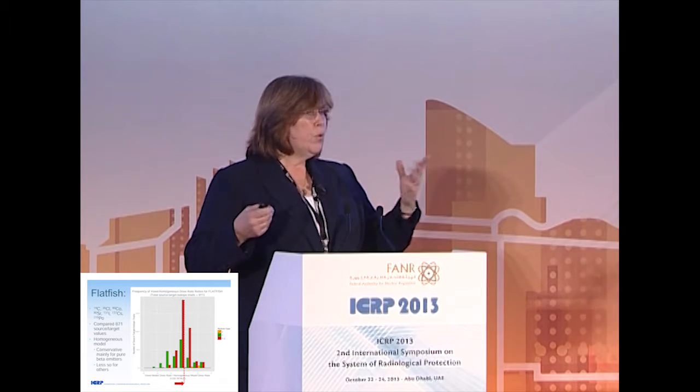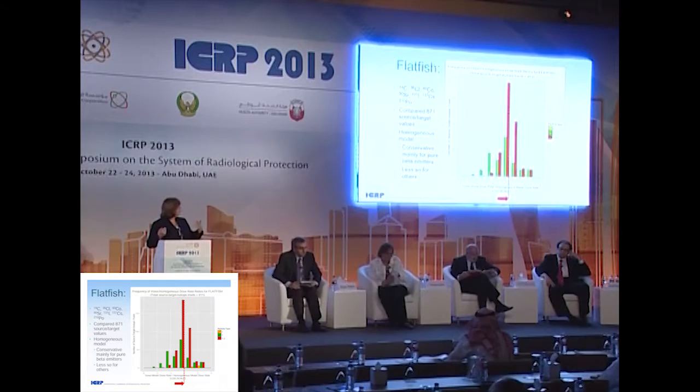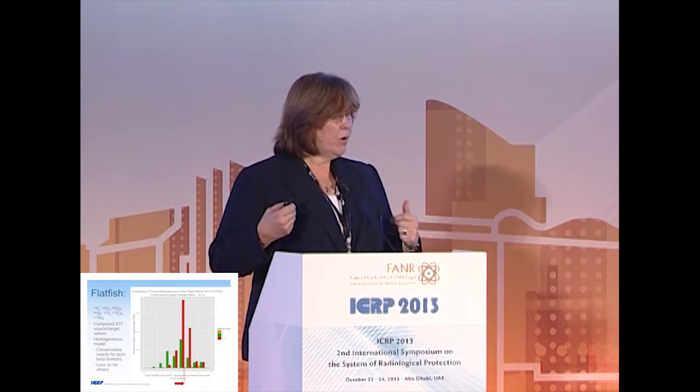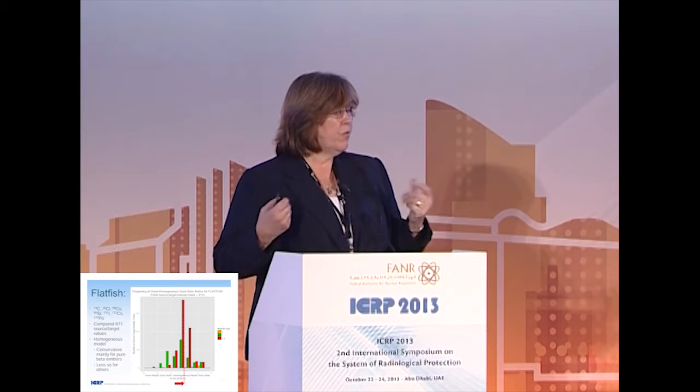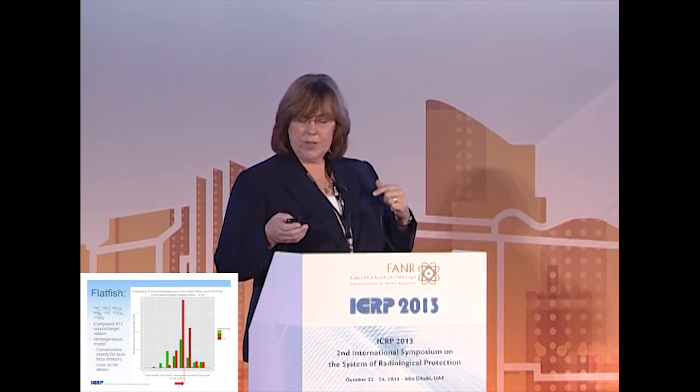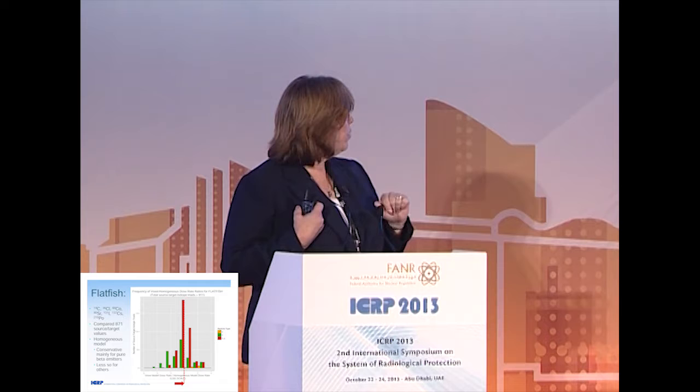So just to show you, for one of our organisms, the flatfish, we looked at all of the source organ tissue combinations for alpha, beta, and gamma emitters. And so we wound up with 871 source to target values that we were comparing. And looking at this, again, the red line shows you where there's perfect agreement.